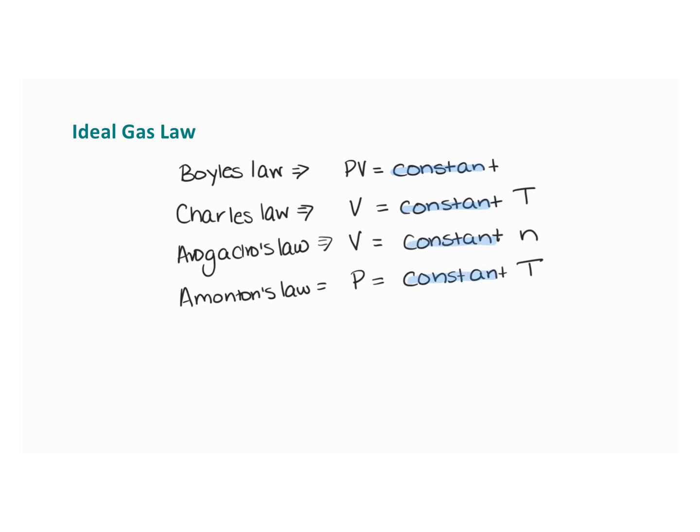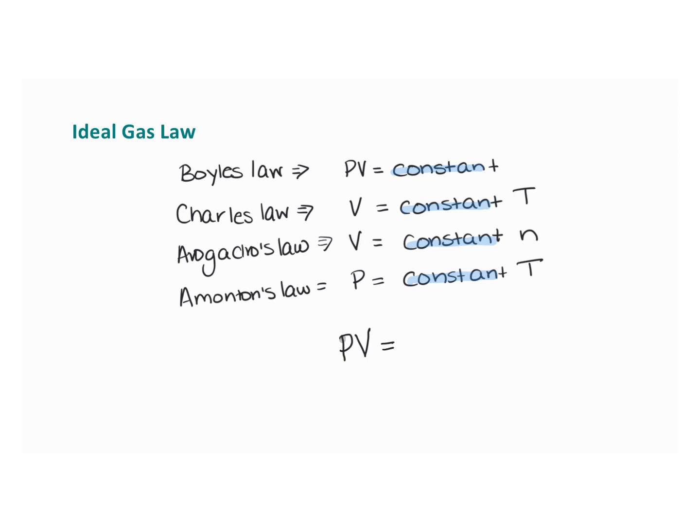And that constant, if we were to combine all these to make the ideal gas law, you would see that we've got pressure and volume on this side, and then it equals some sort of constant.